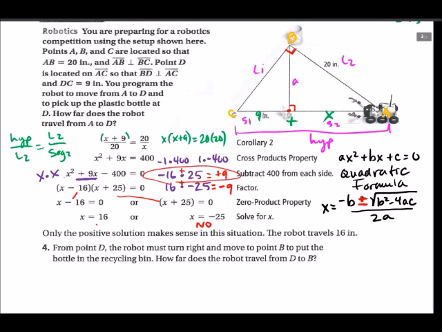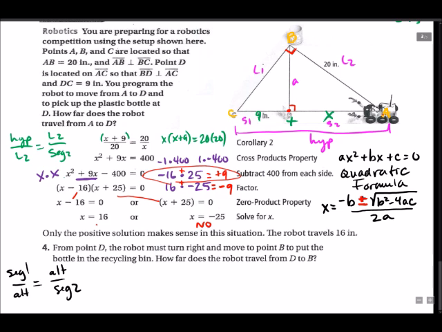From point D, the robot must turn right. Let's go ahead and do this last problem. I'll just do it with you. We want to know how far does the robot travel from D to B. That's an altitude. So we know the altitude is the geometric mean of segment 1 and segment 2.